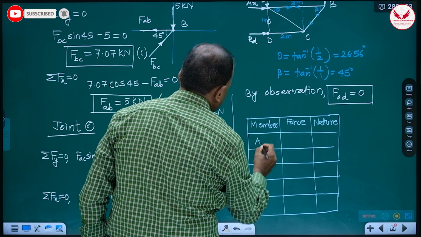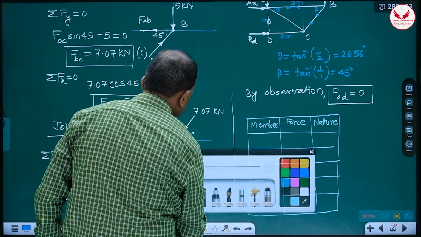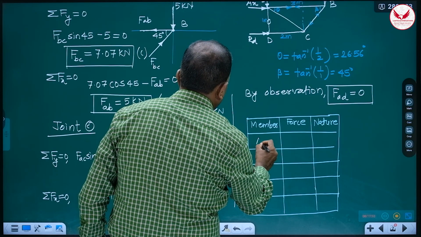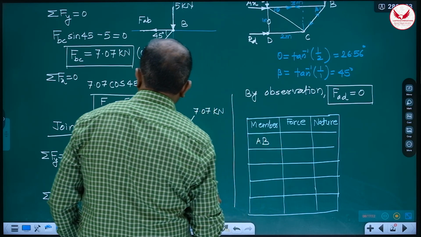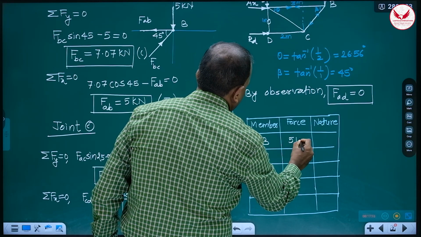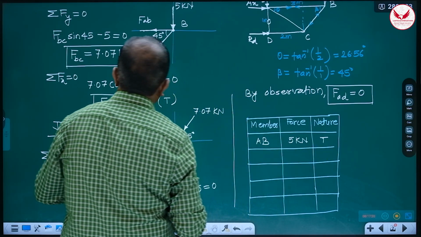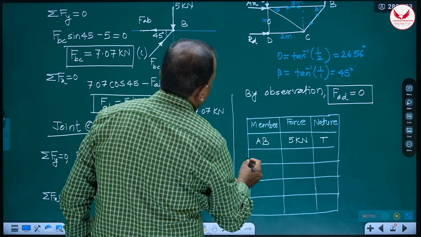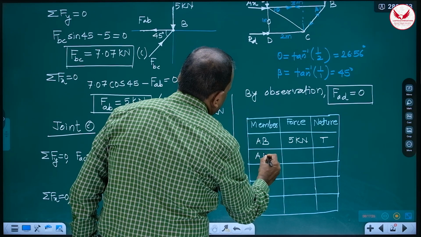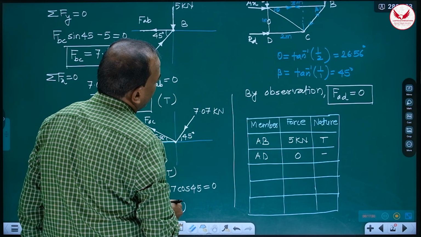So you can prepare such table, and here you simply have to write member AB, and we know the answer of AB is 5 kilonewton. It is tensile. Then AD is 0. Nature, it's neutral. No need to write anything.